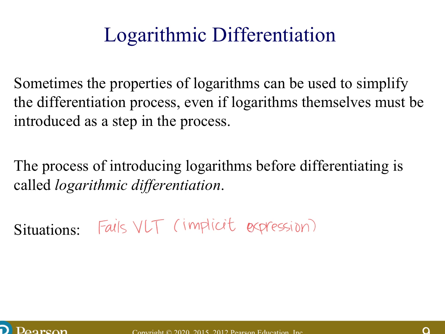So we might use logarithmic differentiation. We might also use it as an alternate to the quotient rule. So that means maybe something that you could do with the quotient rule, but the quotient rule ends up so messy that an alternate to the quotient rule is this idea of logarithmic differentiation.